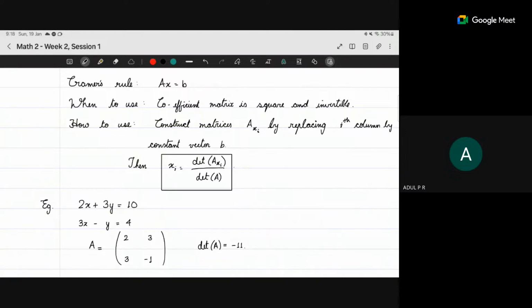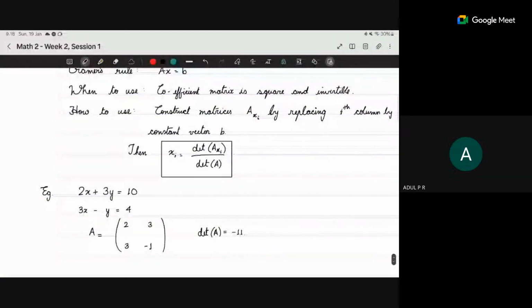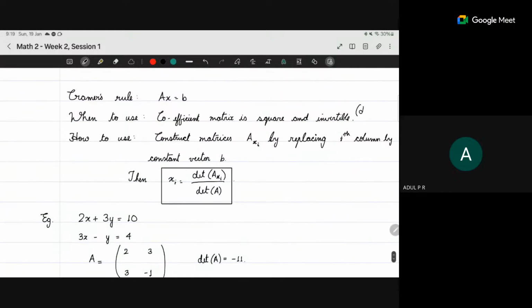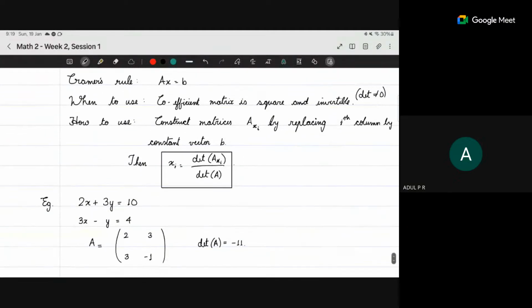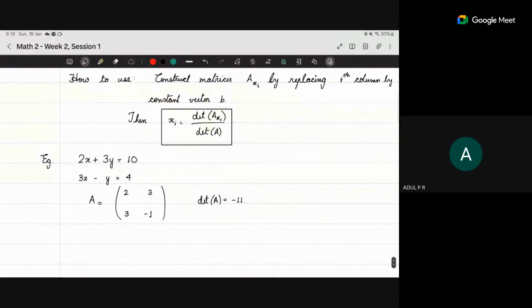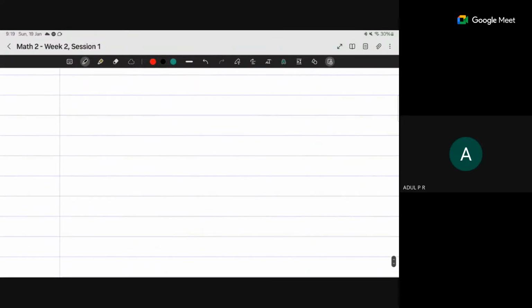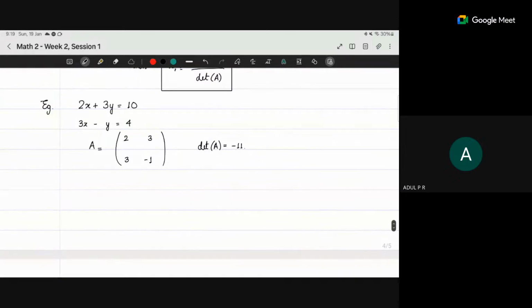The criteria are satisfied. The coefficient matrix is a square matrix which is invertible, meaning determinant not equal to 0. You don't need to explicitly find the inverse, that will come next. But as long as the determinant is not equal to 0, then we call it invertible. It is a square matrix, and it is invertible because the determinant is minus 11.